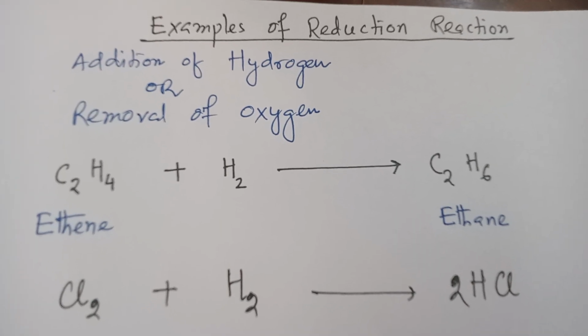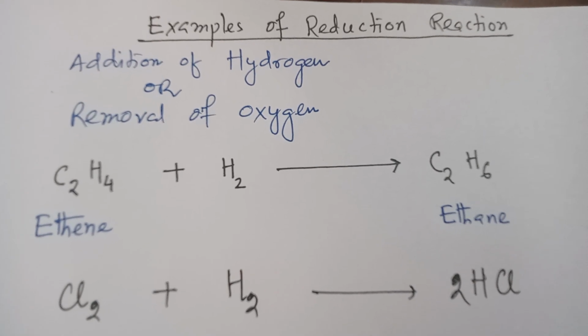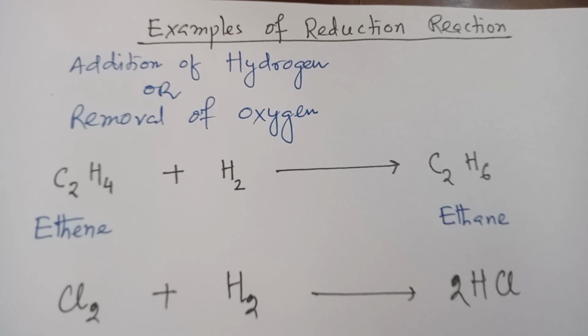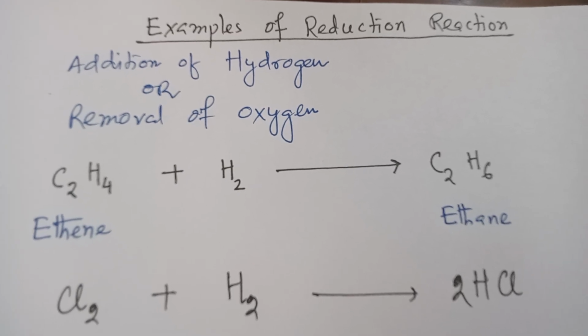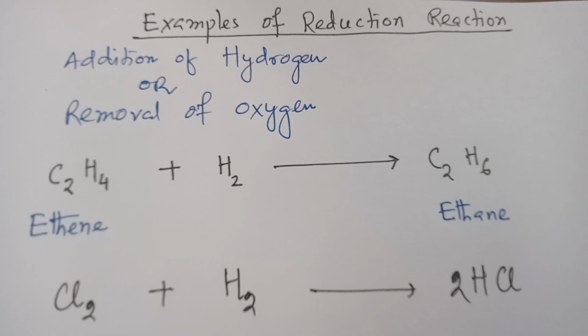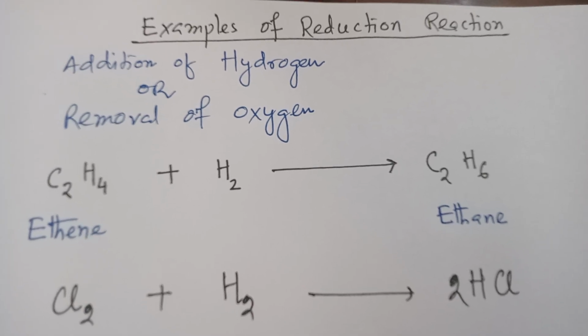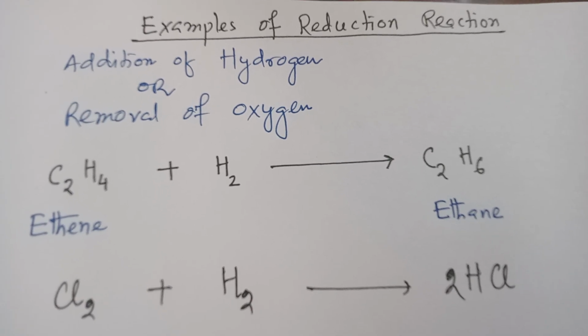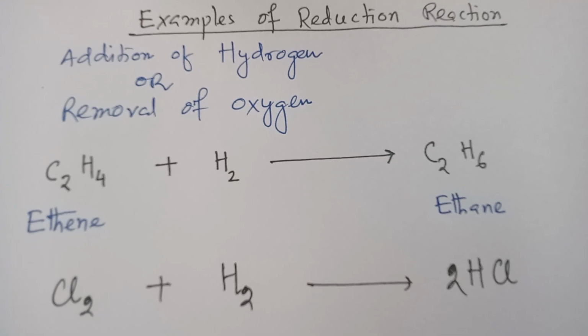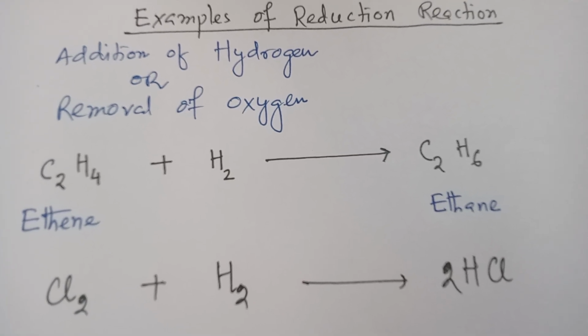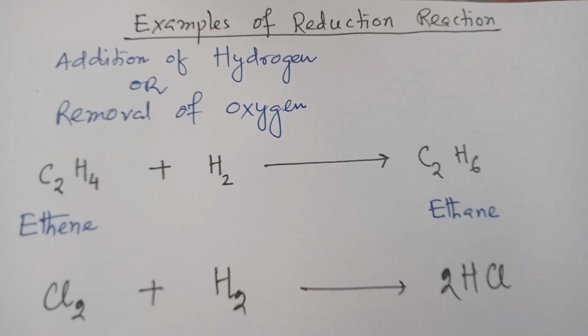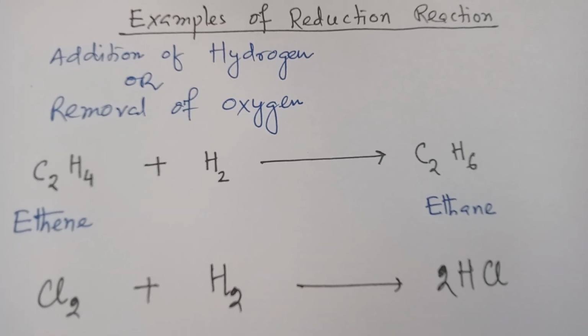Examples of reduction reaction. So reduction we have discussed. Either it is addition of hydrogen or removal of oxygen. In the first reaction, we can see that ethene, C2H4, reacts with hydrogen to form ethane.